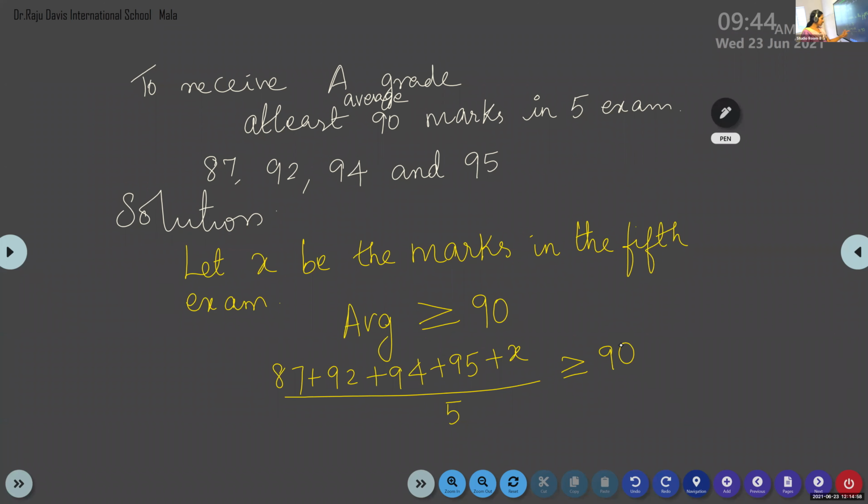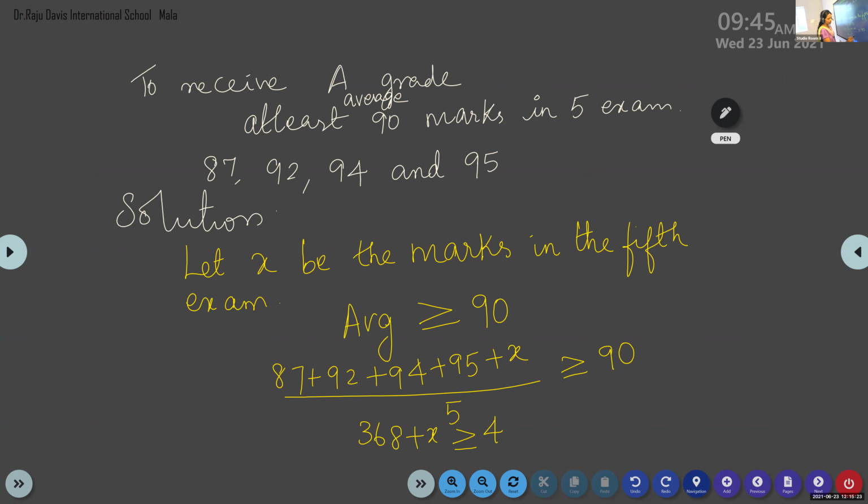When you add up all these marks, what will you get, Karthik? 82. Yes, repeat it. Final answer you are giving? Can you give the steps? Yes, ma'am. 368 plus X by 5 is greater than or equal to 90.